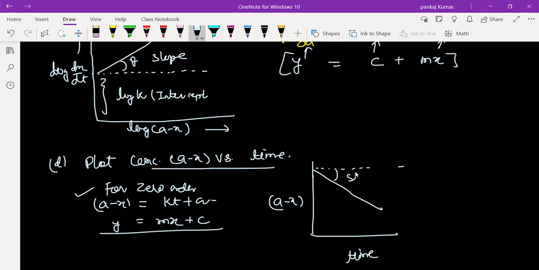This will be the slope. Slope will be down now. mx plus c, but why is it going down? Minus kt plus c. Minus kt plus c. So it will go down only. Minus kt. Remember, it goes down only.